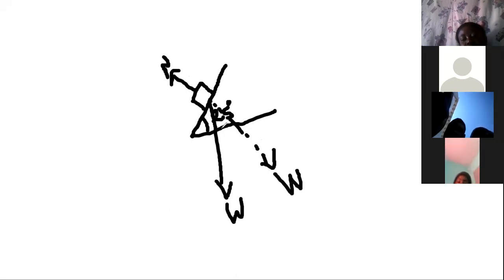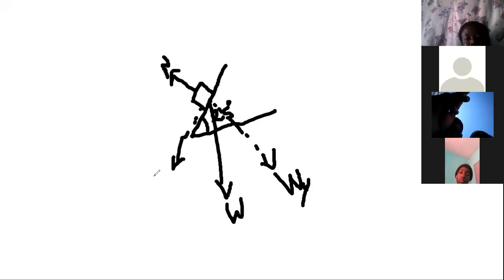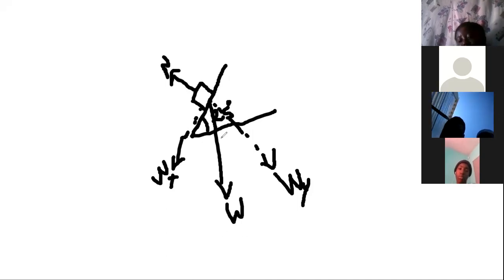As you can see, your weight is acting at an angle, so there is a weight in the y direction and a weight acting in the x direction. Remember, your weight is acting in components, so it's acting on both x and y.